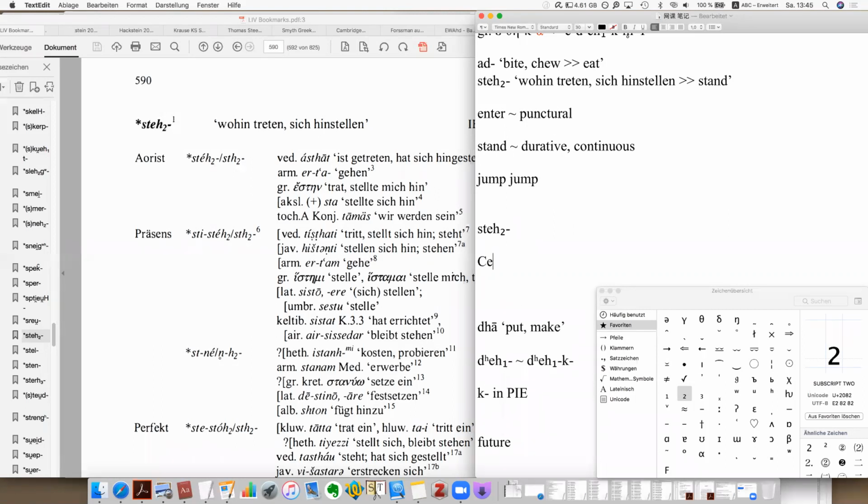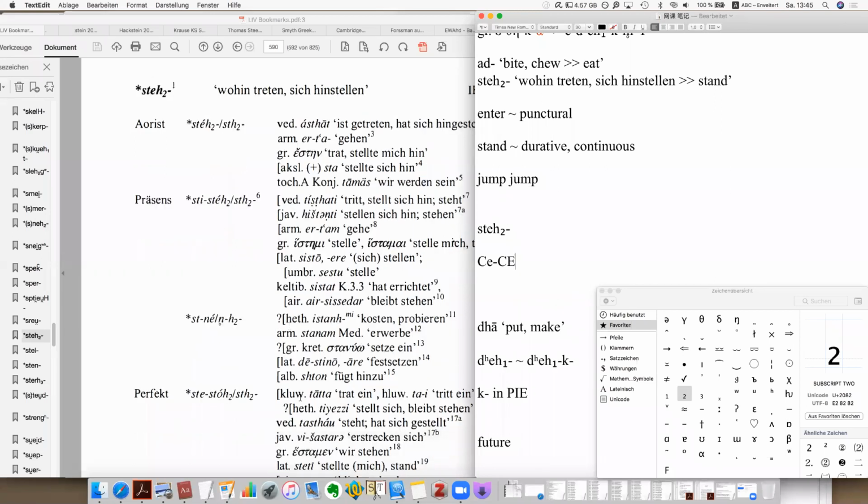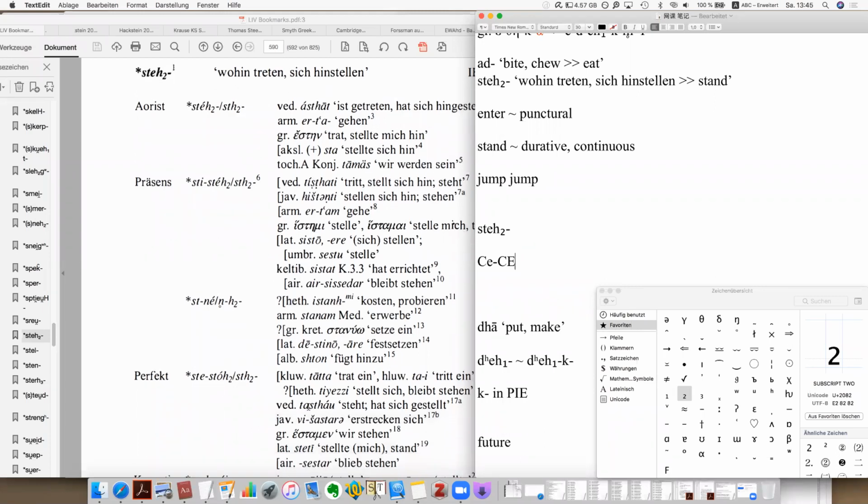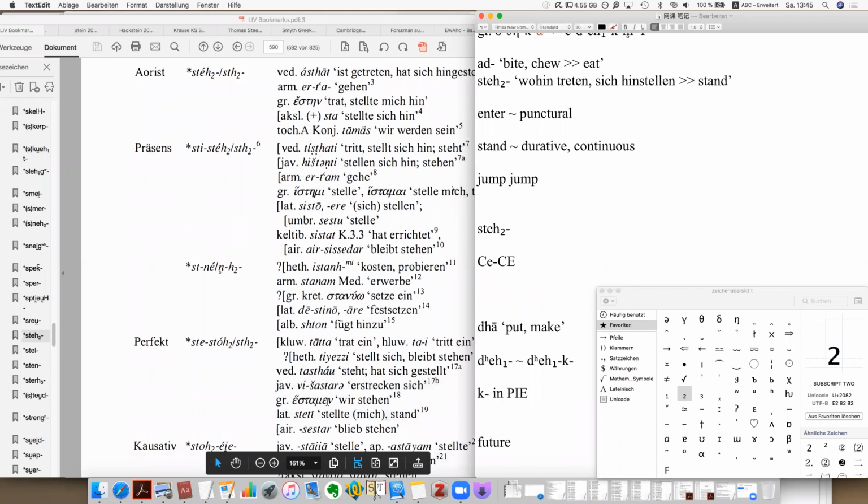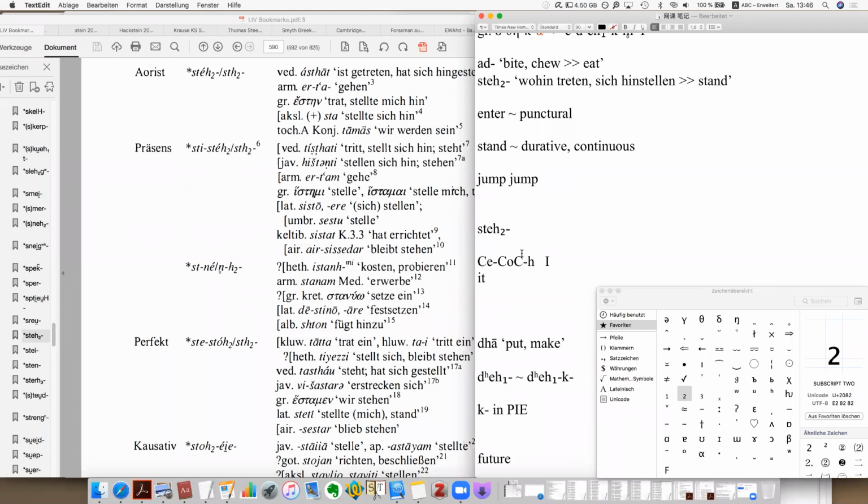So for the perfect, you of course need a reduplication. You also have it here. So for this root, let's do it in this way.